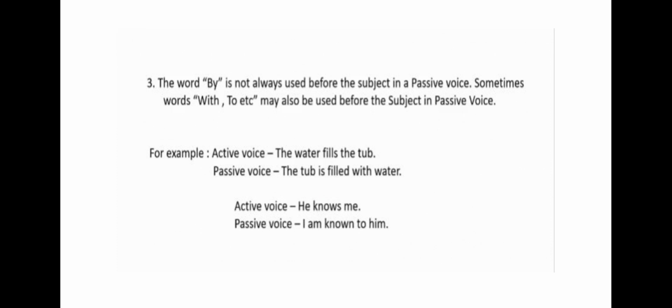Number 3, now rule number 3. Rules number 1 and 2 we have seen, and rule number 3 is the word by is not always used before the subject in a passive voice. Even though it is said that by will be followed by the subject, in the passive voice we have object plus verb plus by plus subject, rule number 3 says we will not always be using the word by.